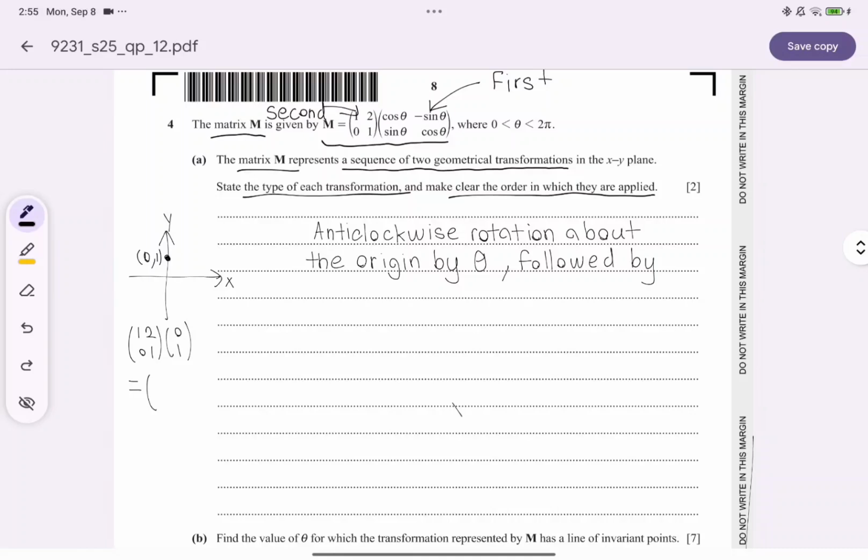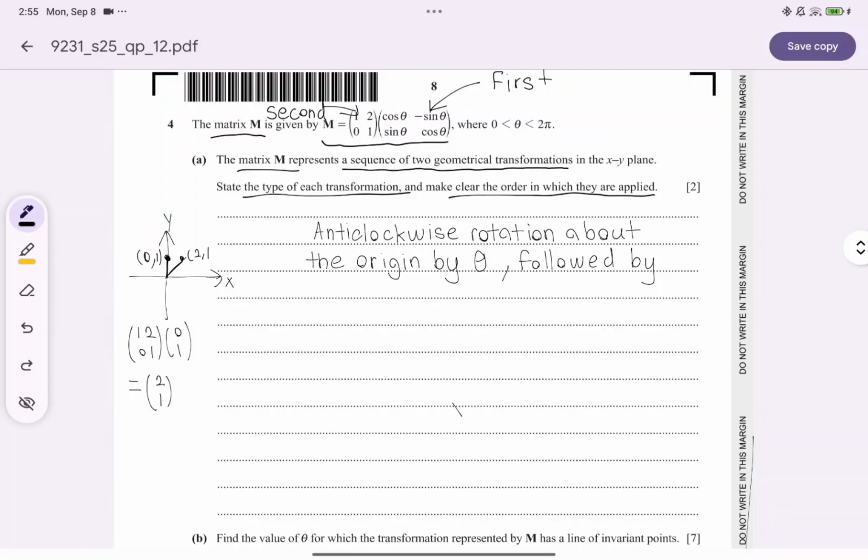So 1 times 0 plus 2 times 1, that would give us 2, and 0 times 0 plus 1 times 1, that is 1. So our final coordinates are (2, 1). So it's right here. Okay, so (2, 1) is right here.